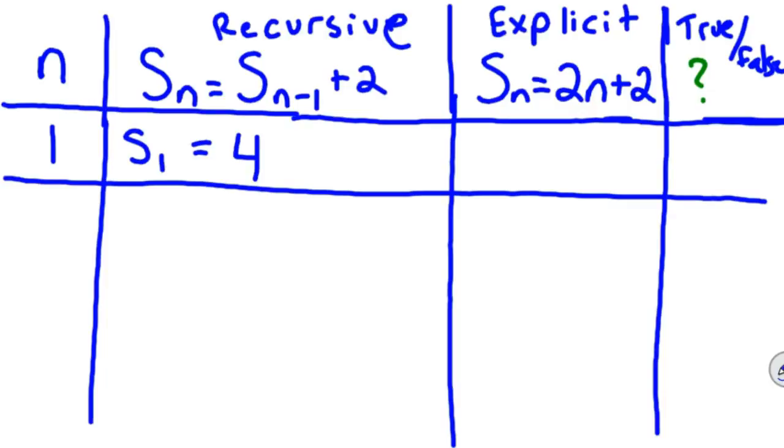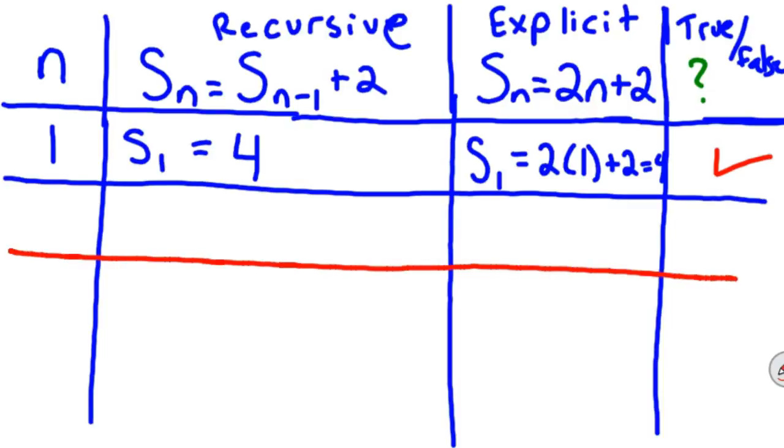In the explicit formula, we'll test it and see if it is indeed 4. So S sub 1 is 2 times 1 plus 2, which is 2 plus 2, and that does equal 4. And I'm going to switch to a different color so we can see it. Is that true? Yes, that's true. So we'll check that off. We've shown that the first term works.